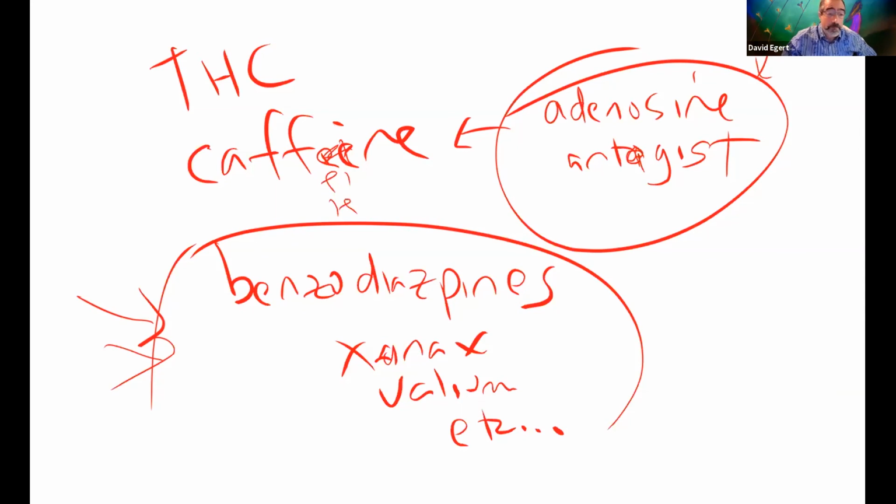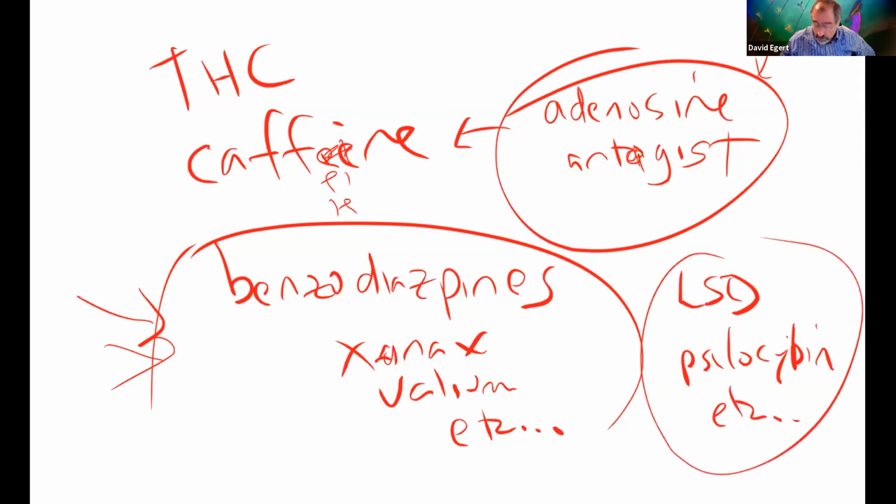Other things, all the psychedelics, LSD, psilocybin, mescaline, these are all agonists that look like serotonin enough that they bind serotonin receptors and do this partial activation of them.